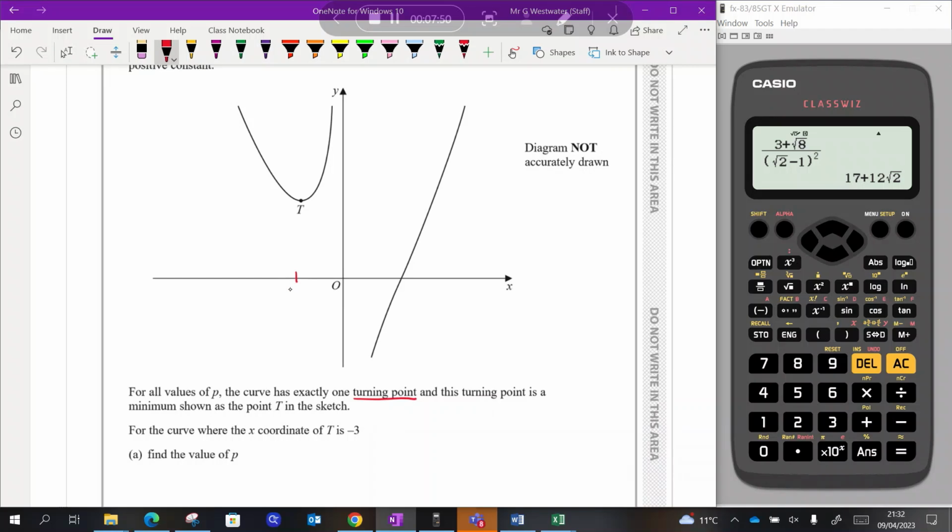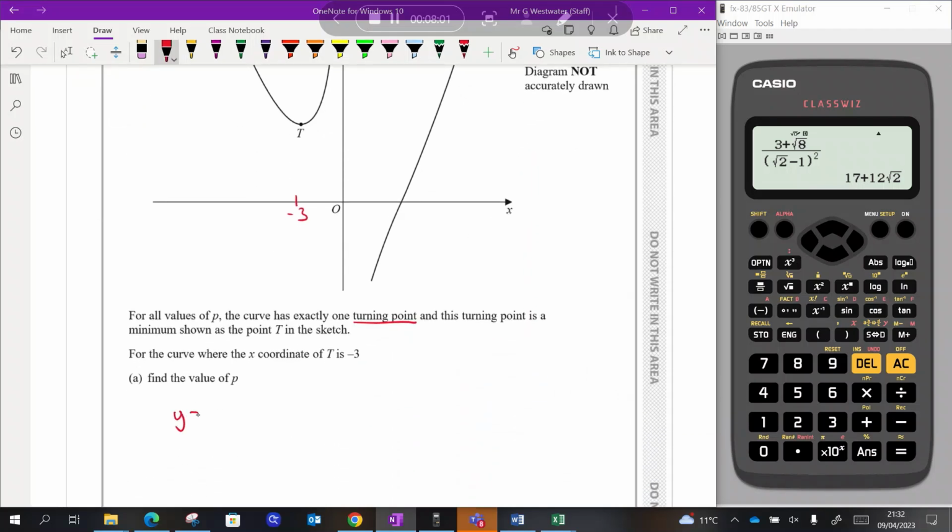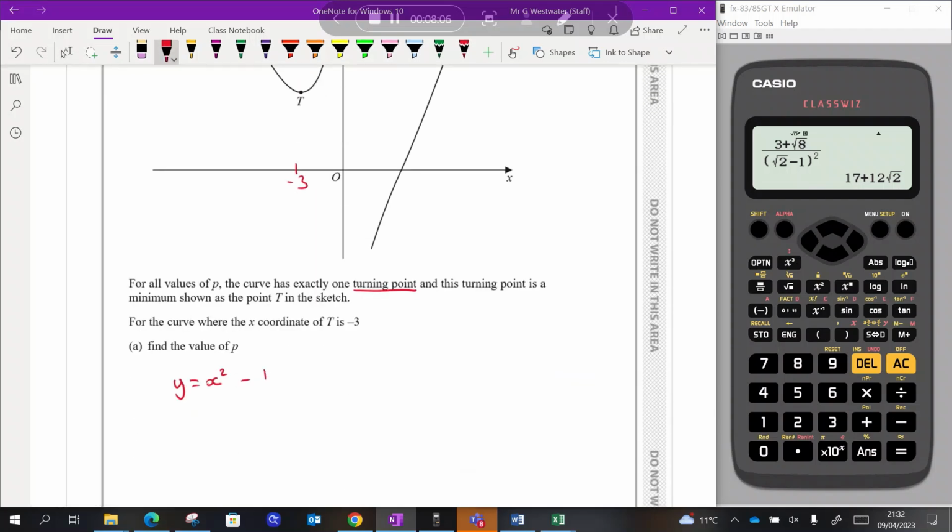Okay, so this is when x equals minus 3. The key thing here is we're looking at turning points of curves. Now if y equals x squared minus p over x, if I'm looking at turning points, this is telling me I need to differentiate, and set dy by dx equal to 0, because that will give me a turning point at that particular point.